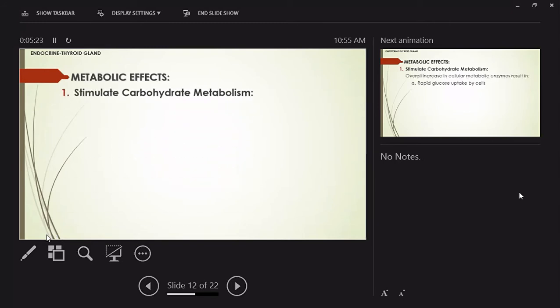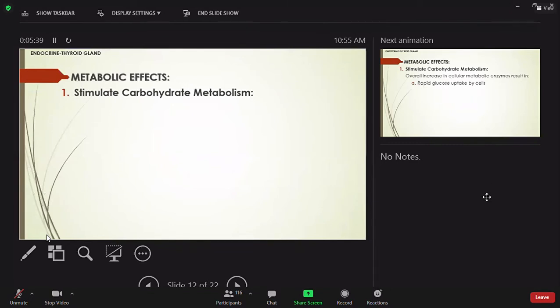This is important in the development of the brain, and its metabolic effect is to stimulate carbohydrate metabolism.